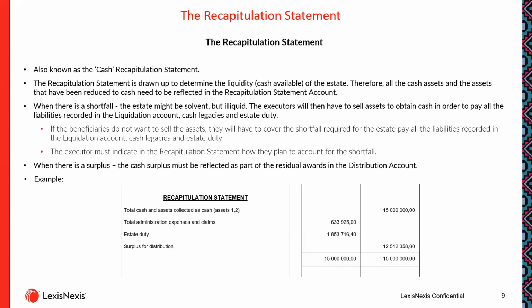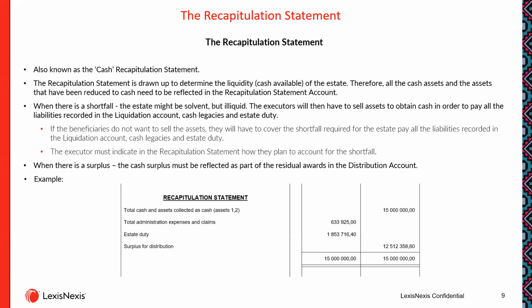If the beneficiaries don't wish to pay in the shortfall so that they can receive transfer of the assets, the executor will have to sell off some of the assets to cover the liabilities, the estate duty, and the cash legacies. Okay, so the executor must then, in our cash recapitulation statement account, indicate how they intend to deal with the shortfall.